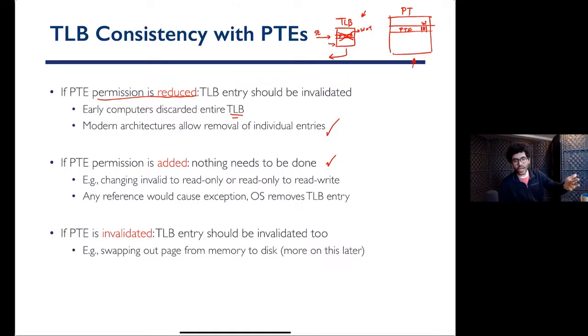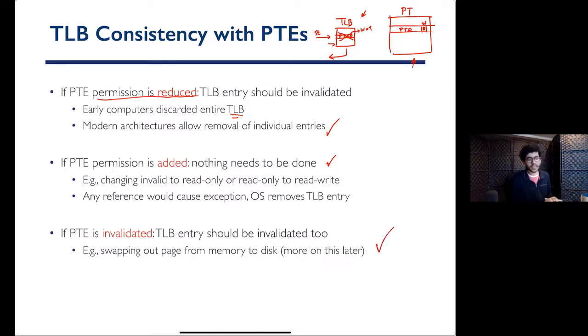And at that time, the operating system could get involved and say, no, this is fine. Update this TLB entry and you should be fine. So we can just wait for the write to happen to change the TLB. So there is no security risk if the permission has been increased.